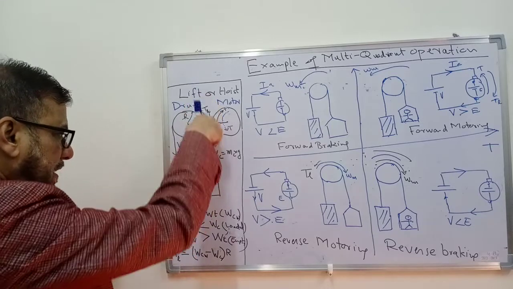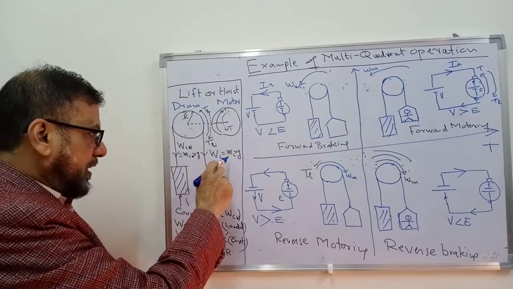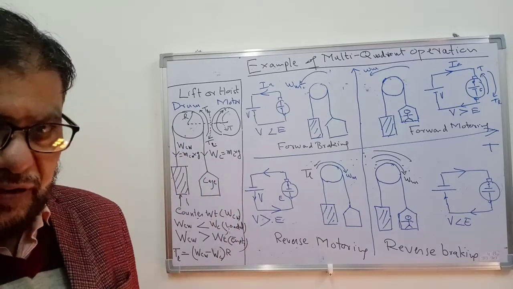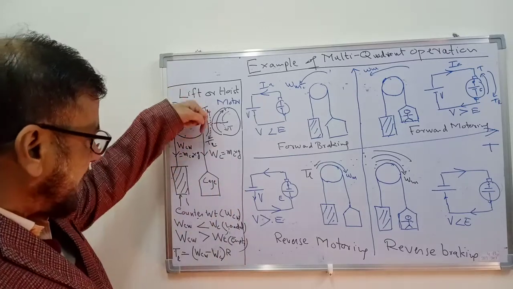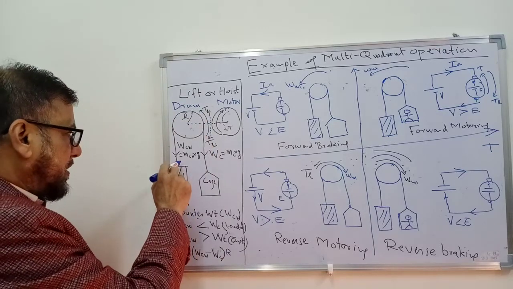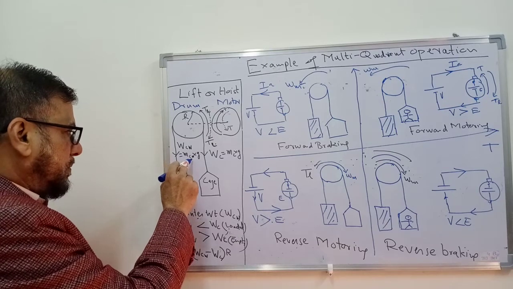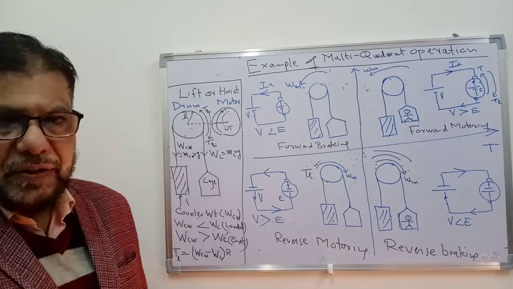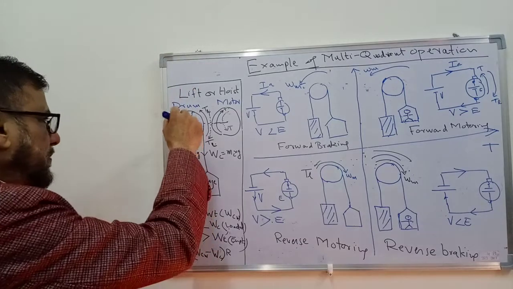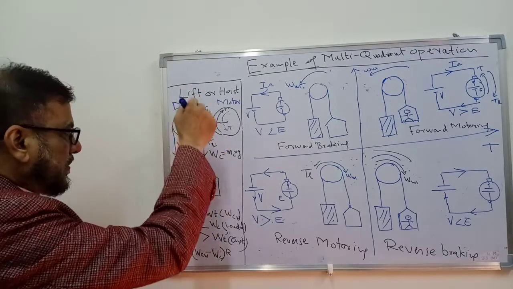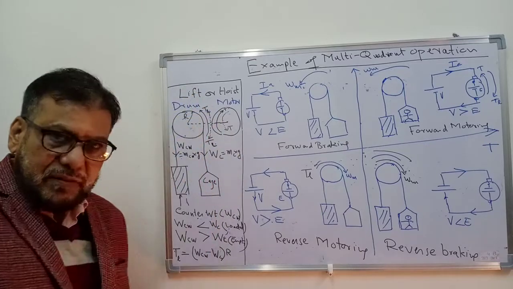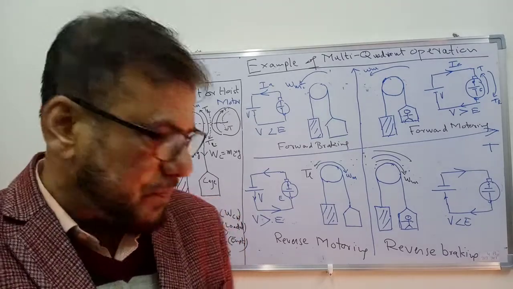So what will be the forces acting here? One force is acting because of the cage, that is mass of the cage multiplied by the acceleration due to gravity. This force is acting downward, and there is a force because of the counterweight, that is MCW multiplied by G. Again it depends on gravity. So this force exerts a clockwise torque, whereas the counterweight exerts an anti-clockwise torque.